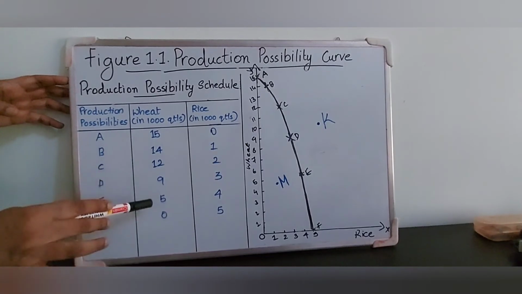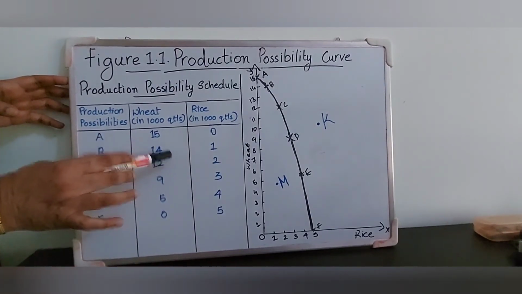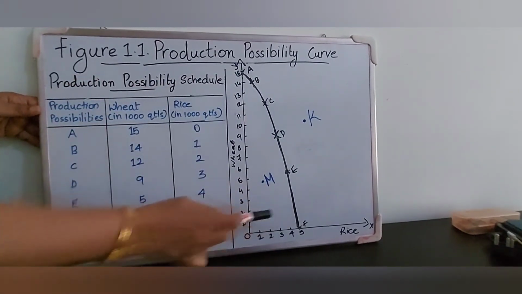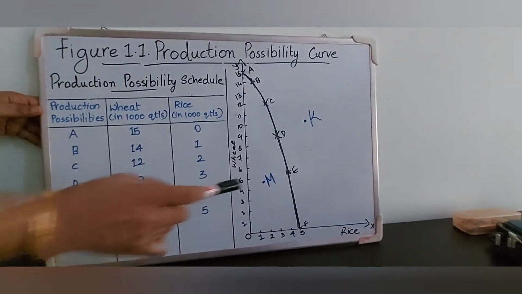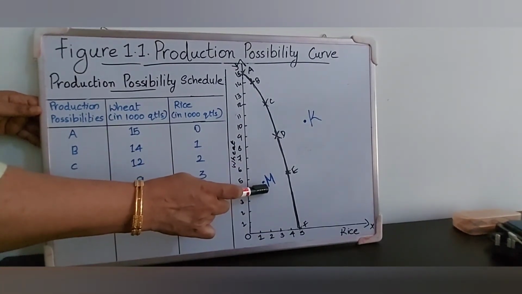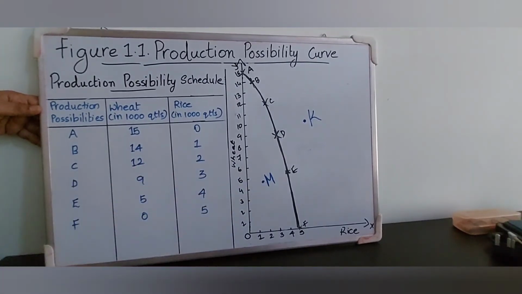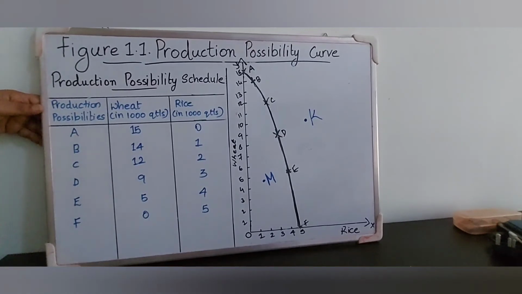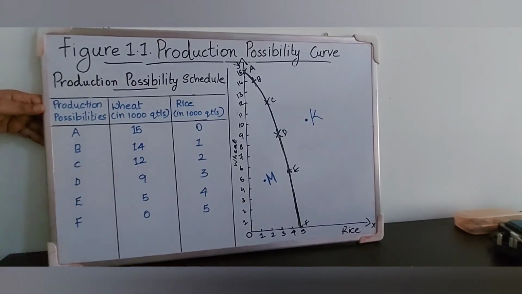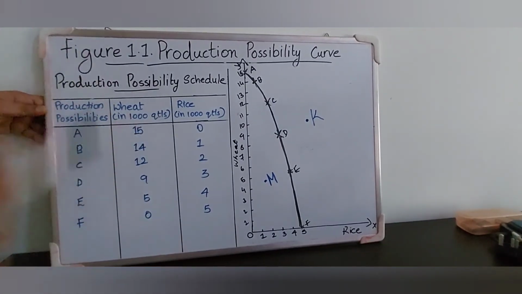With the given resources, the economy can produce both the goods, so these combinations are given. But you can see a point M here inside the PPC. This indicates inefficient utilization of resources. Maybe labor may be unemployed.